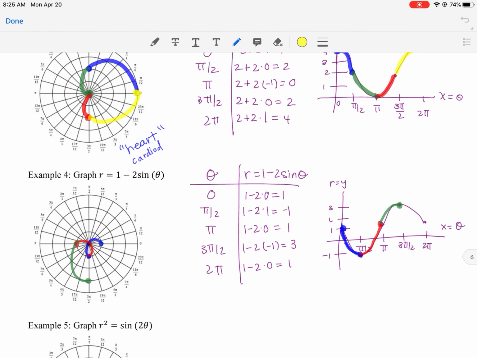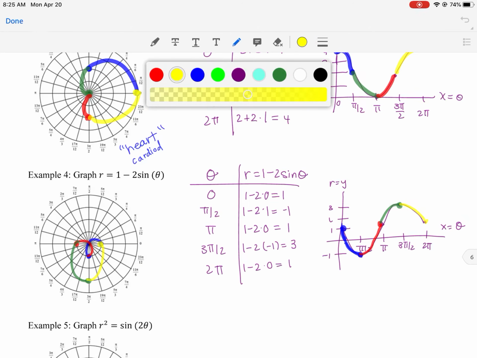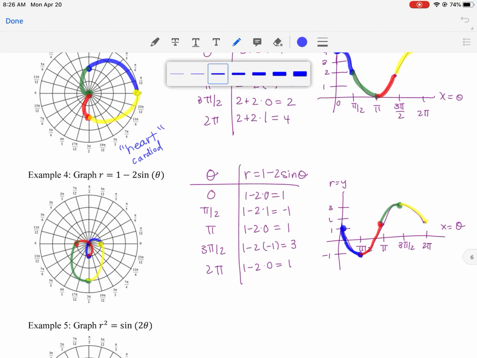And then last but not least, we've got 2 pi, radius of 1, so we're back to where we started. This one, we don't call by the nickname of a heart because it has that little central curly cue. The technical name for it is a limaçon.